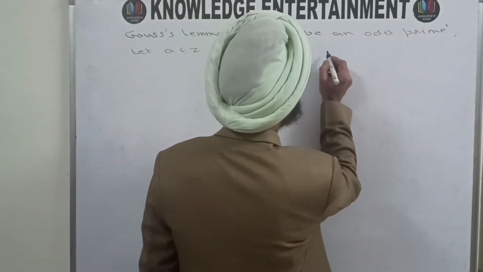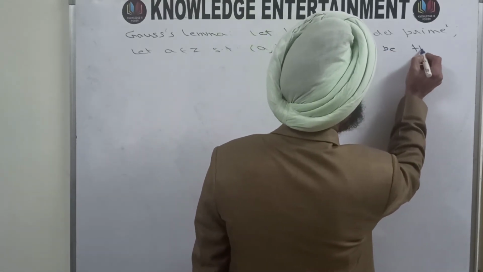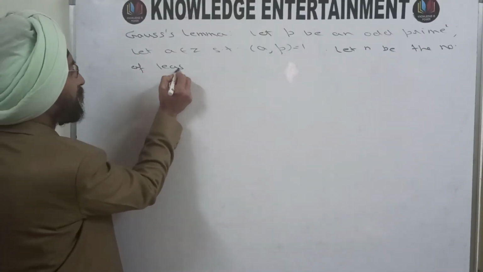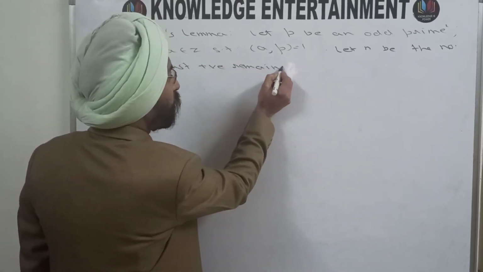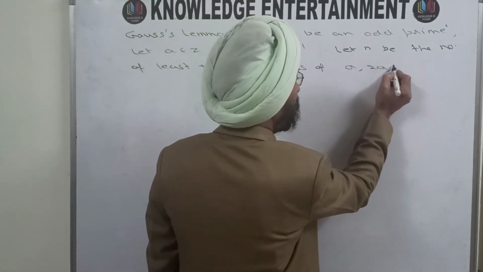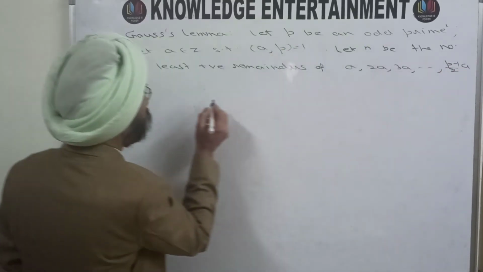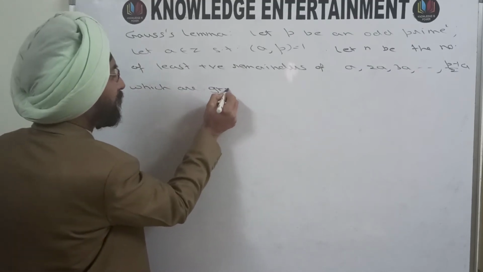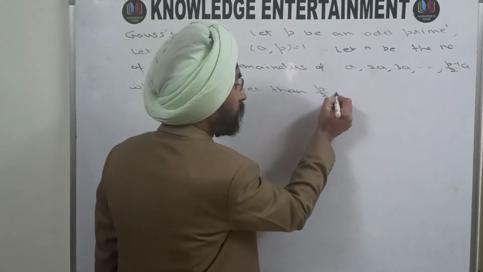So let N be the number of least positive remainders or residues of A, 2A, 3A and so on up to (P minus 1) by 2 times A, which are greater than P by 2.